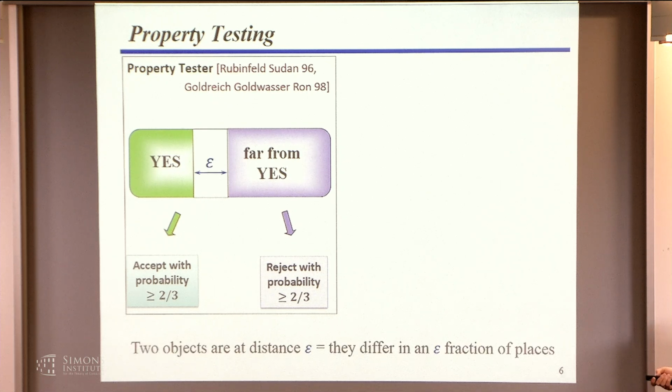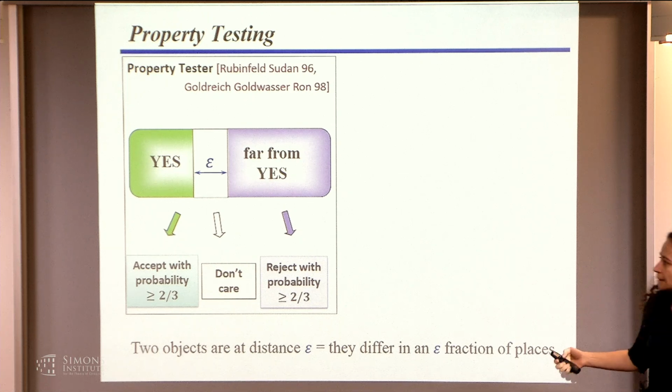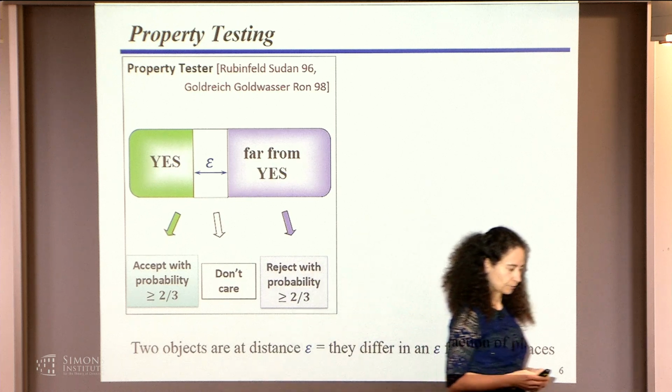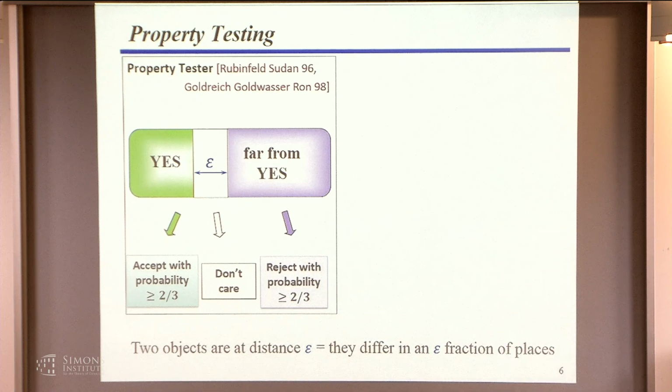Specifically, the distance is measured in terms of the fraction of the input that has to be modified to make the answer change from no to yes. This is the standard property testing model. And in the middle, when the input is epsilon close to being a yes instance, we don't care what the algorithm outputs.